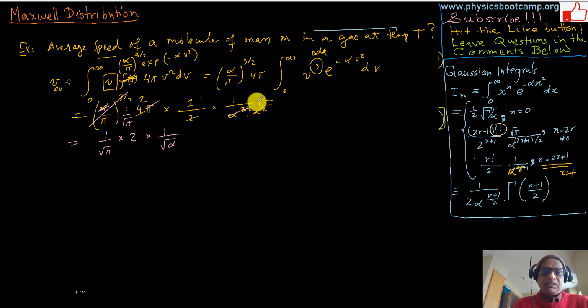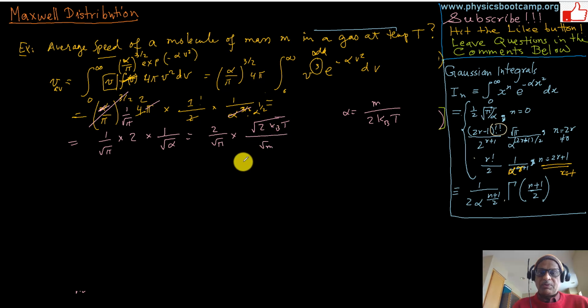So alpha was, if you remember, m over 2 kBT. That's the alpha for us. So 2 over square root of pi times square root of 2 kBT over square root of m.